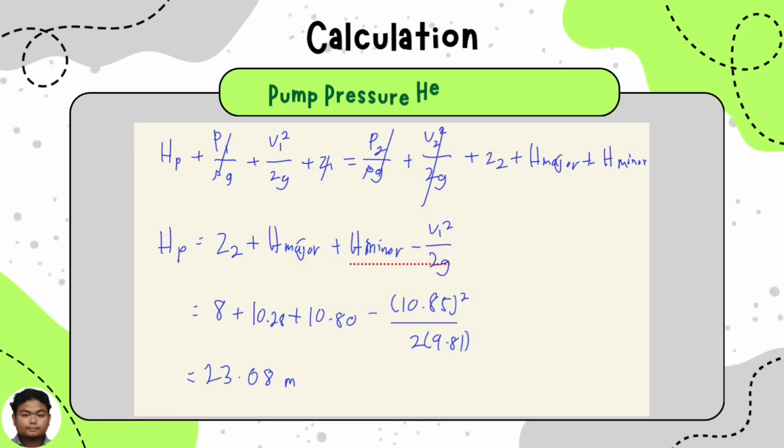Right, now for outlet number 2, we have to discard pressure 1, Z1, pressure 2, and also V2. So we put in the information, that is Z2 plus H major plus H minor minus V1 squared over 2g. For outlet 2, we got 23.08.